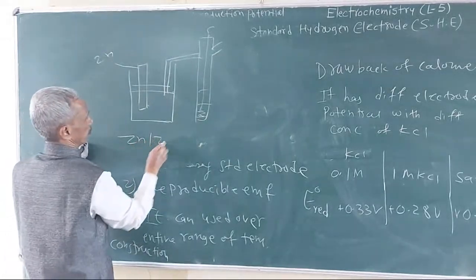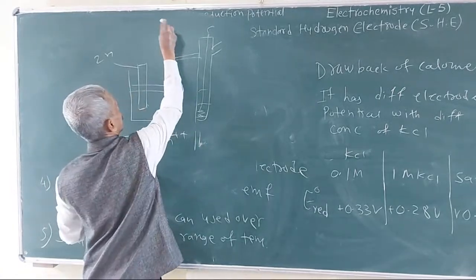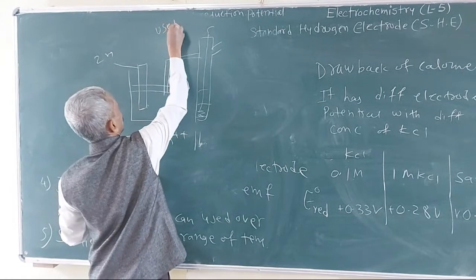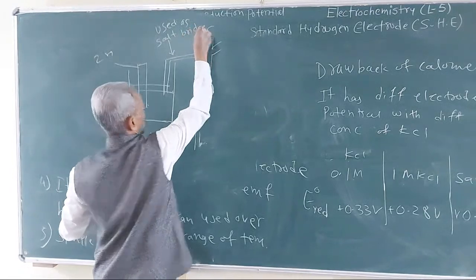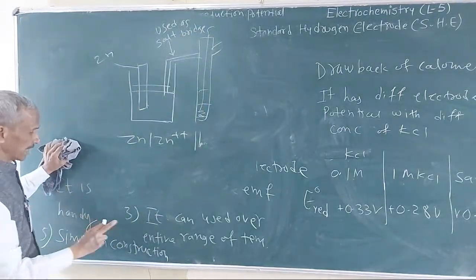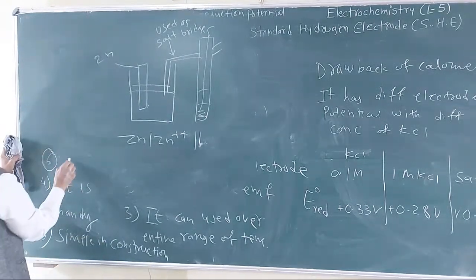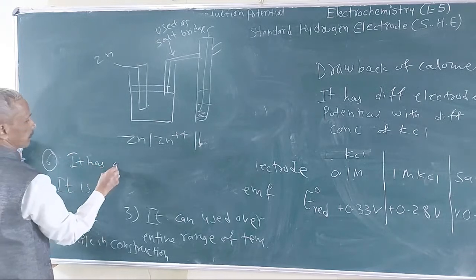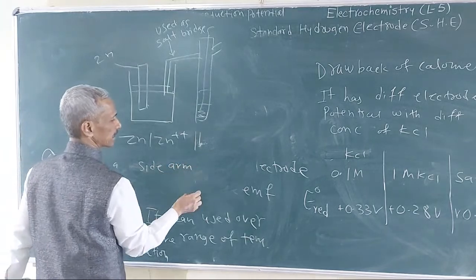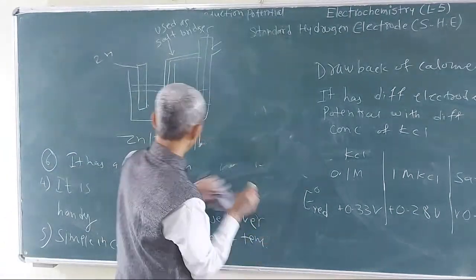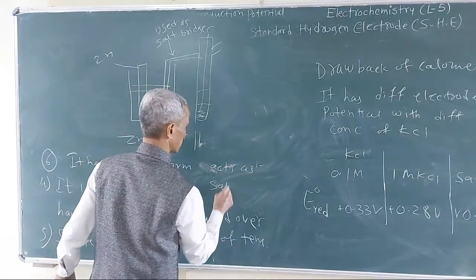Of course, zinc in zinc ions, and this is the KCl, used as a salt bridge. This is one of the advantages, that is the sixth advantage. It has a side arm containing KCl, and therefore acts as a salt bridge.